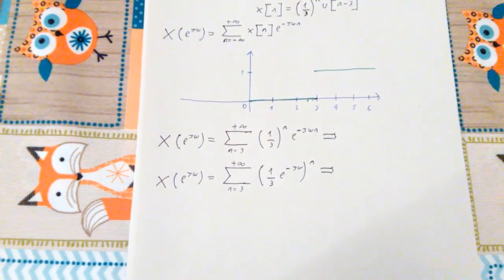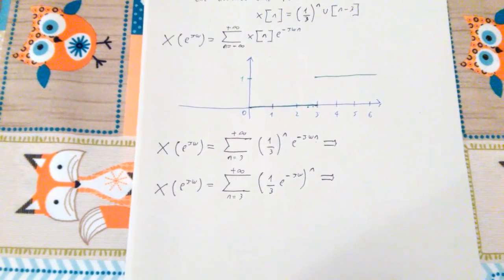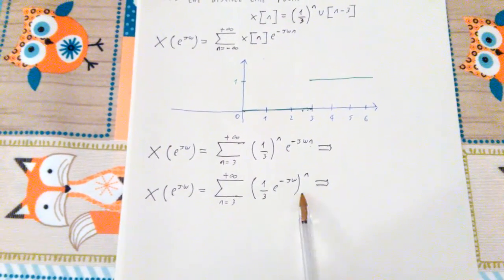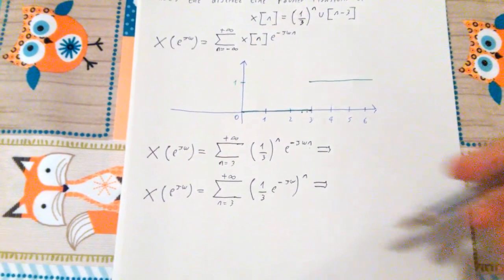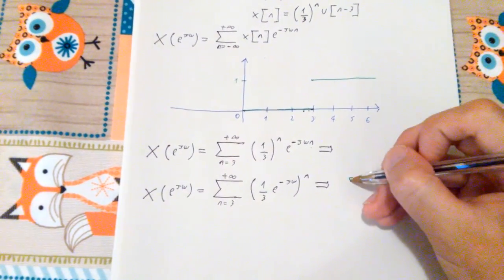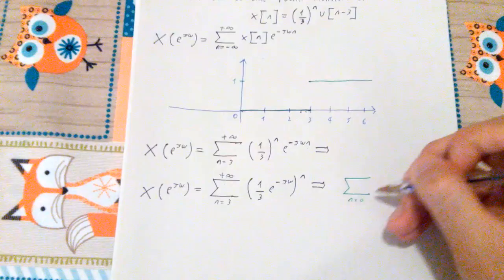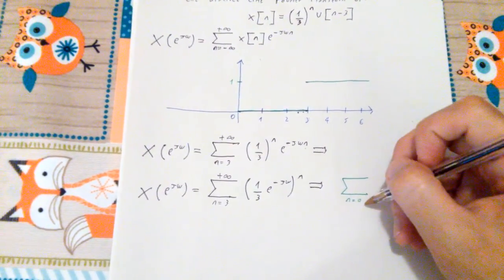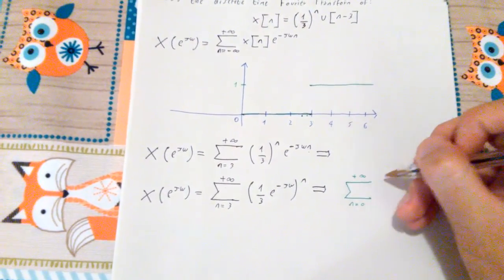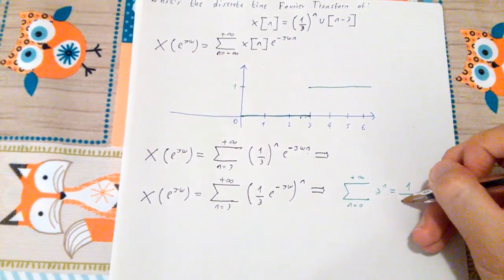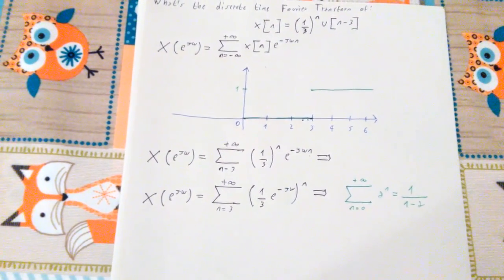Okay, so we're almost where we want, because once again, what we want is to get to the very common form of the sum from n that goes from 0 to positive infinity of a to the n, because we know that this solution is 1 over 1 minus a.